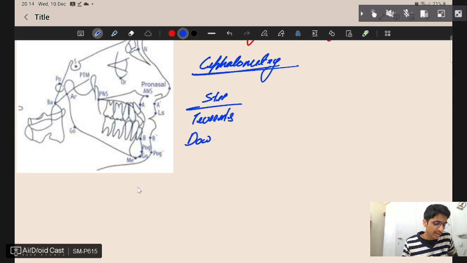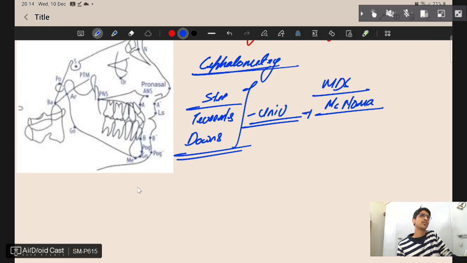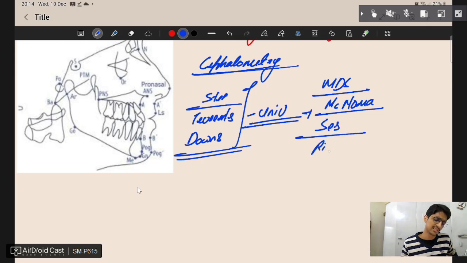These are mainly important for the university level examinations, and for the MDS examination we need to study these very thoroughly. Along with that we need to have information about McNamara's, Cizzoni's analysis and Ricketts analysis, and certain times Witt's appraisal also.